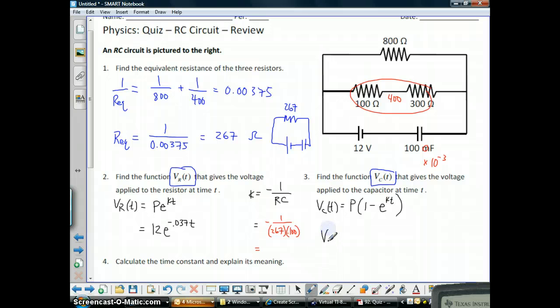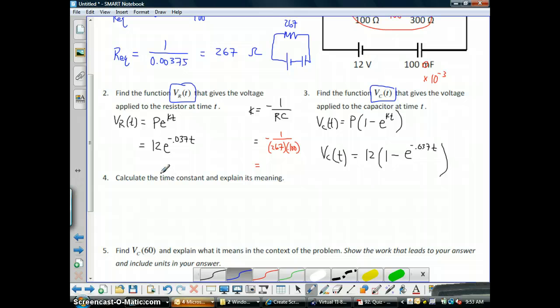And over here, Vc of t, 12 times 1 minus e to the -0.037 t also. So both equations are very, very similar.